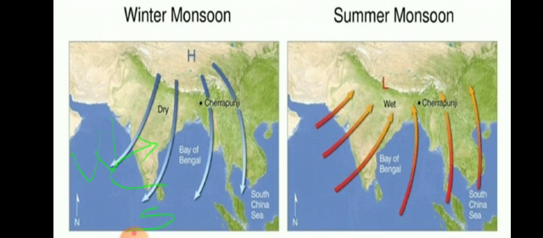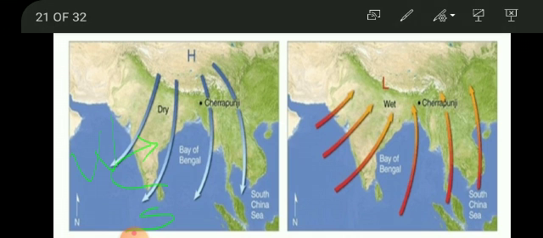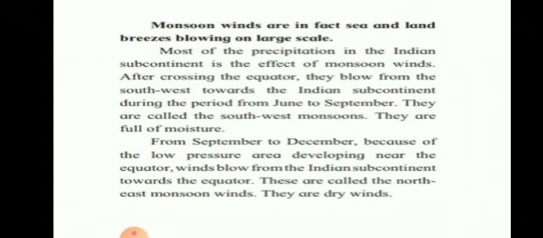So from north and here the east direction. These are the retreating, or we are calling it northeast monsoon winds. These winds are dry, and we are having these rains during the winters, especially in the eastern coastal region.